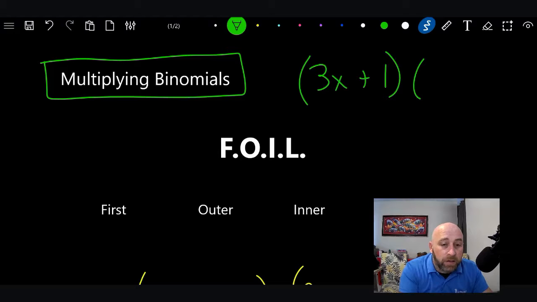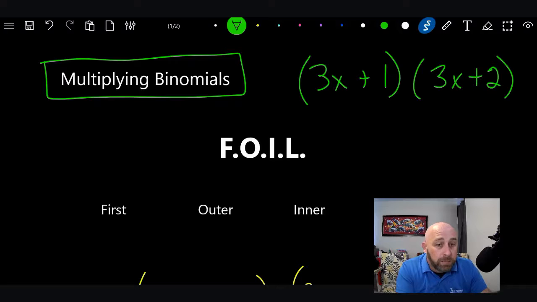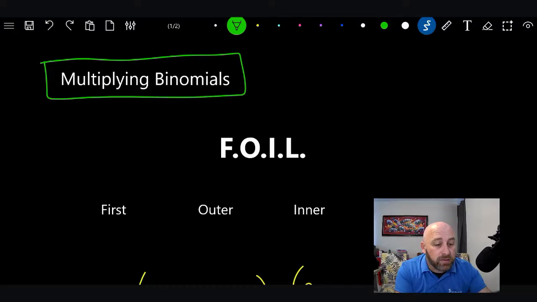And now we're going to learn how to multiply it by another binomial, 3x plus 2, for example. Those are two different binomials, and we're going to learn how to multiply those together. We've learned how to distribute, but we don't know how to do this yet. And so we're going to learn a technique today, and I think that you're going to enjoy this class.